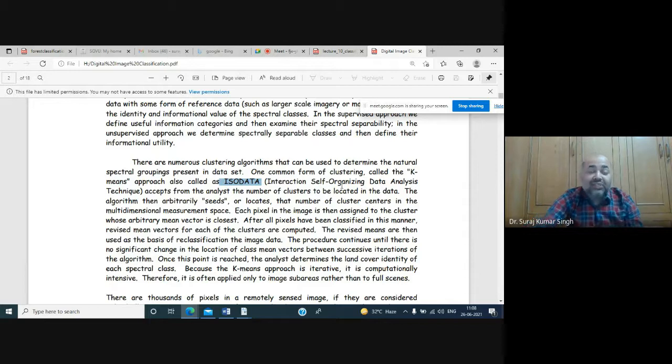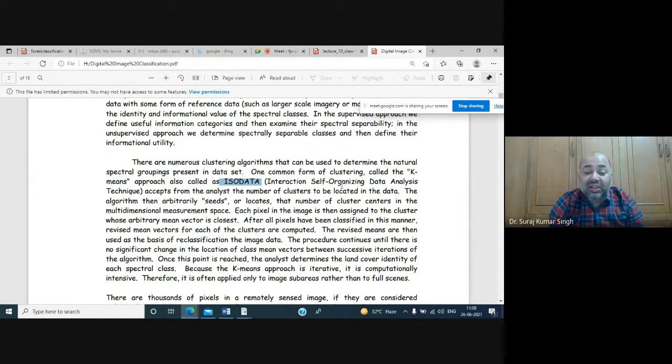Self-organizing means it will automatically make its own data set, that is called self-organized. Like if you're staying in a hostel, when you stay at home, each and everything is prepared by your mom or your sister. But when you're living in a hostel, the entire food has to be prepared by you, the entire clothing has to be washed by yourself. So what is that? That is self-organized.